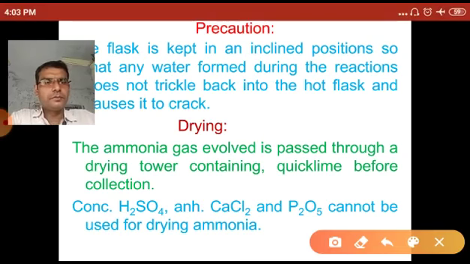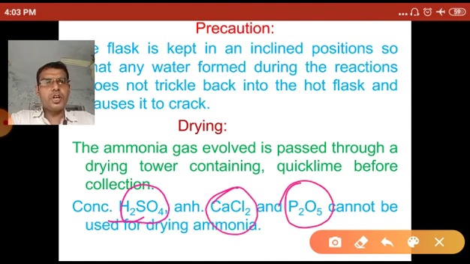Now, concentrated sulfuric acid, calcium chloride, and phosphorus pentoxide are also drying agents, but for the drying of ammonia, these three cannot be used, because concentrated sulfuric acid, calcium chloride and phosphorus pentoxide react with the ammonia and form another compound.